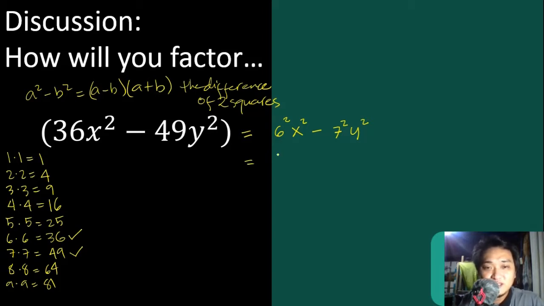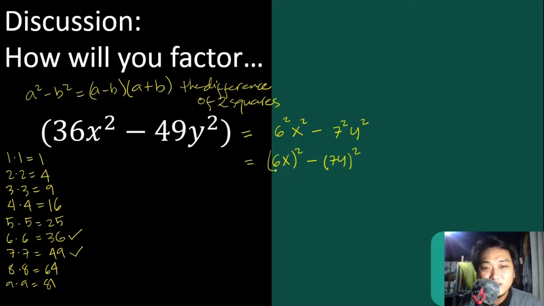If that is the case, then since we are squaring a number, we're squaring a variable, that could also be expressed as the quantity 6x squared and 7y squared. So, ganyan, ano?